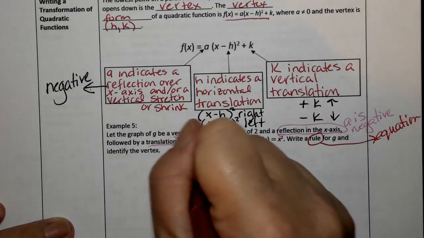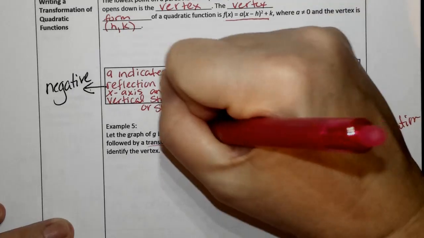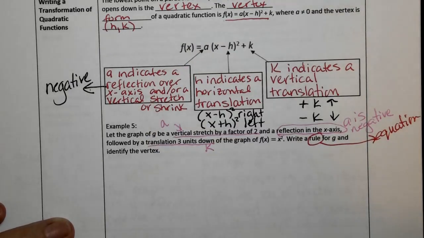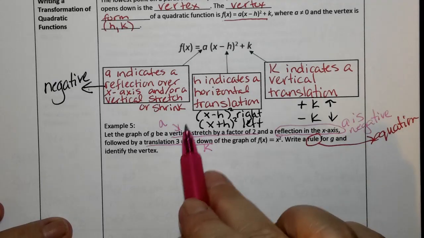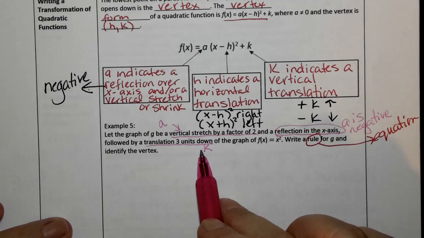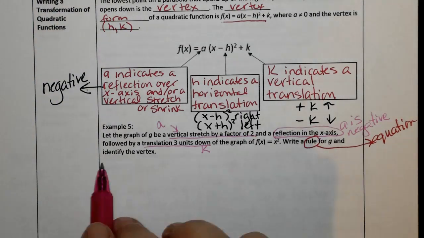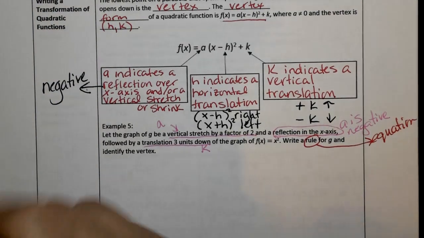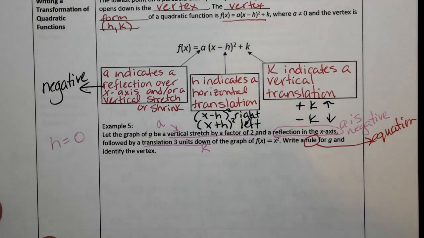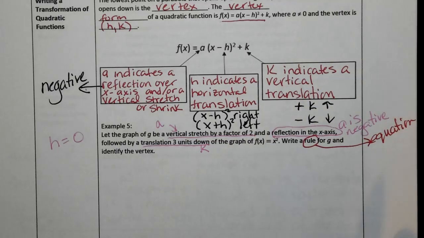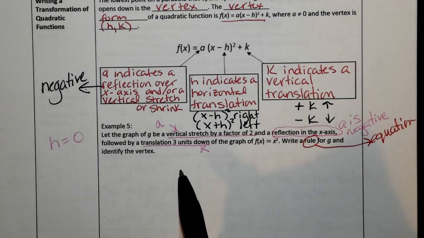Oh, it is right here: vertical stretch by a factor of 2, also your A value. So we know A is negative, the A value is 2, and then we have the K value. Do we have anything talking about going left or right? We do not. So in this case, because it does not go left or right, our H value would be 0.